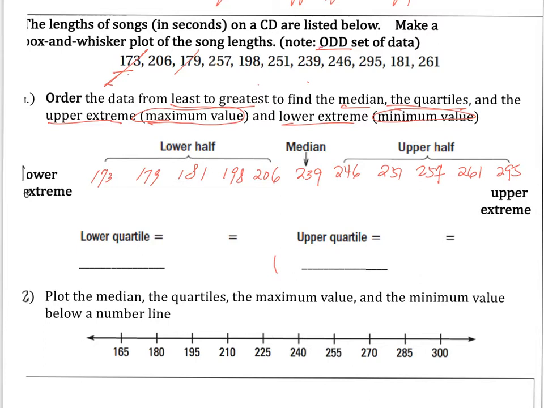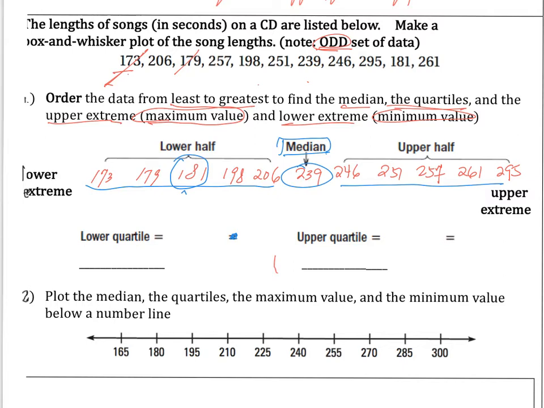Since there's an odd set of data, we have 5 to the left and 5 to the right, and we have 239 as our median, the number in the middle of this given data set. Since we also have an odd number of values in the lower half, to find the lower quartile we find the median of that half as well.